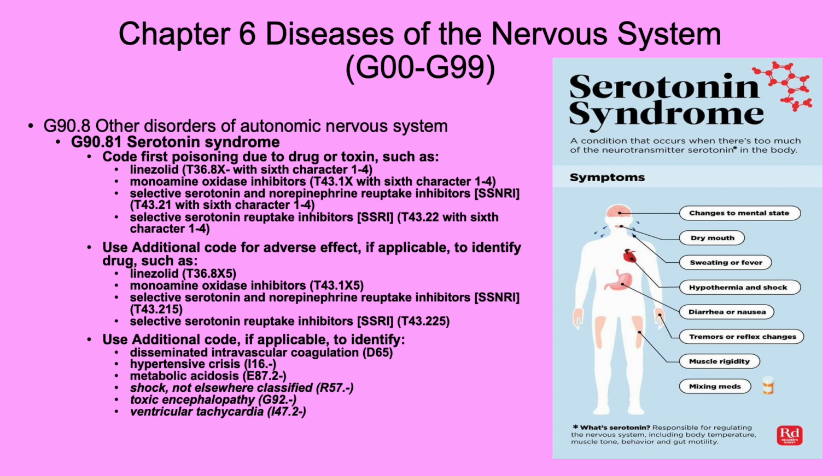So under other disorders, you have a new specific one, serotonin syndrome, G90.81. It has a lot of notes under this, so be careful with this code first. Use additional code, lots of notes to keep aware of.